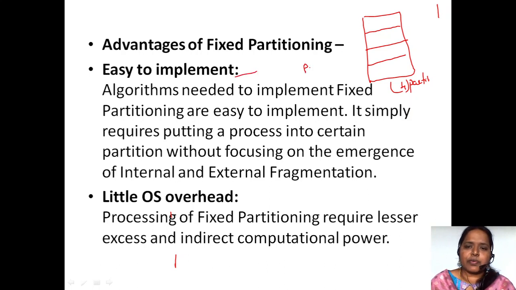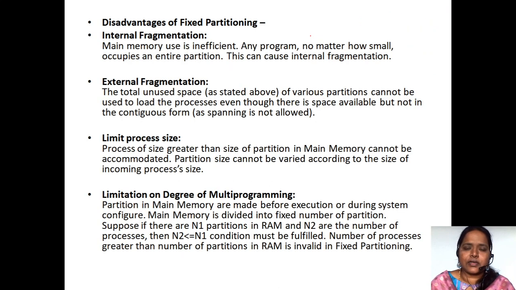Because if process P1 is there, the whole process will be allocated at a single place only. So it is easy to implement, with little operating system overhead. Overhead in the sense the operating system doesn't need to check different places where P1 has been stored, because we are storing all of P1 in a single space only. So that is the advantage.